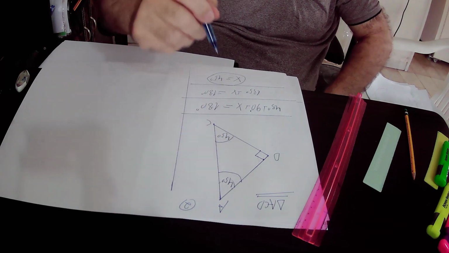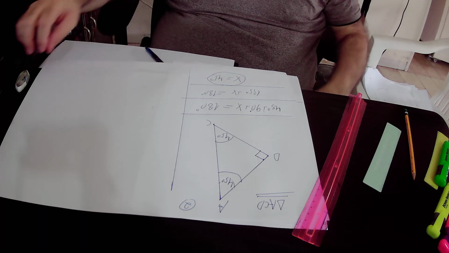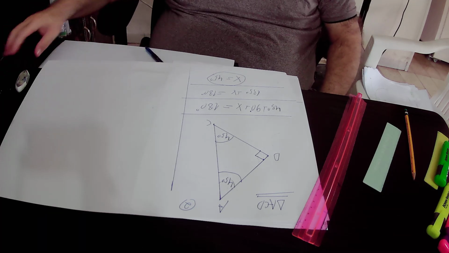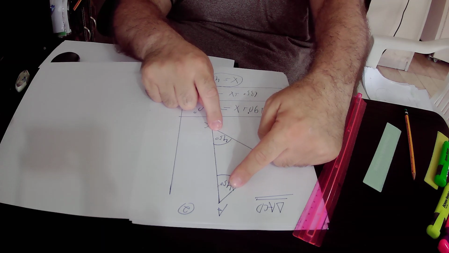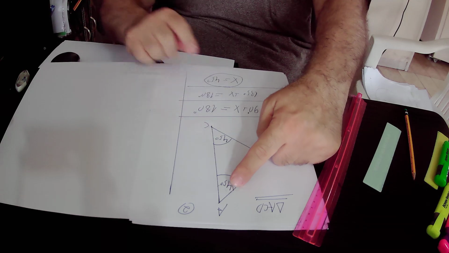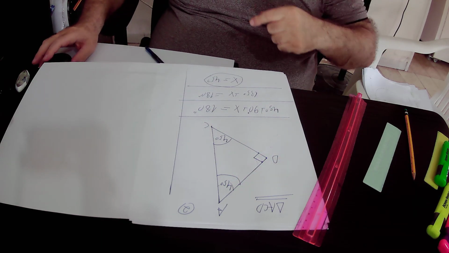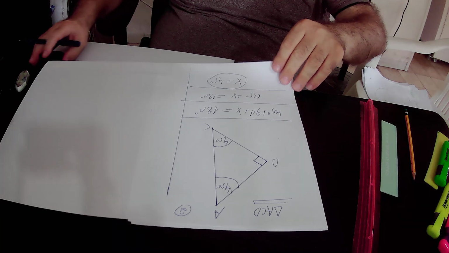So actually, in triangle ADC, we have two angles that are equal to each other. Those two angles are both equal to 45 degrees. And we have the rule that in front of equal angles in a triangle, there are equal sides.